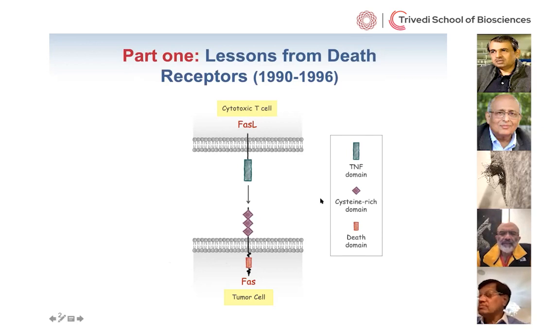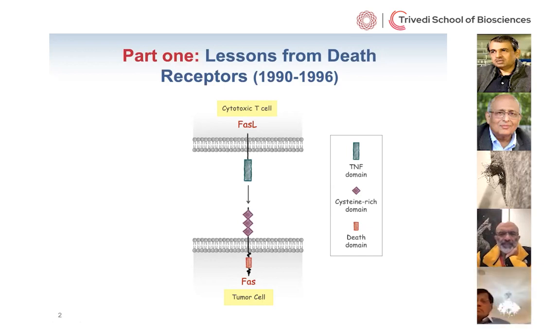These are colloquially referred to as death receptors, because if you engage the FAS receptor, for example, either by agonist antibody or by cognate ligand, then this receptor induces a death signal into the interior of the cell, resulting in the apoptotic demise of the cell.